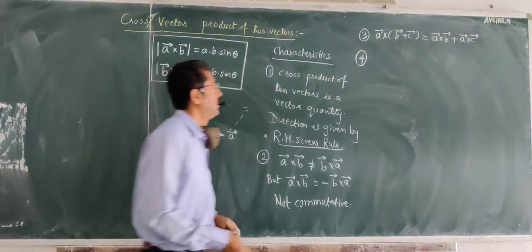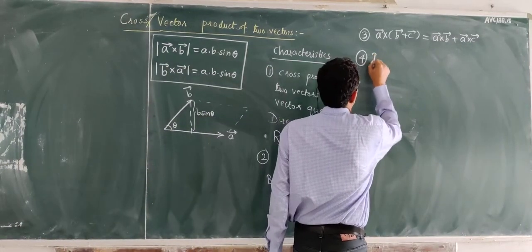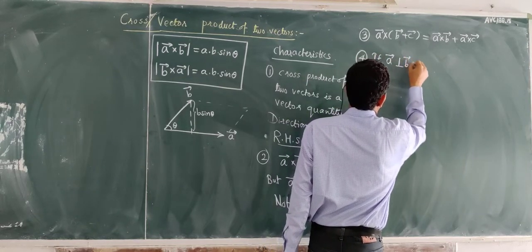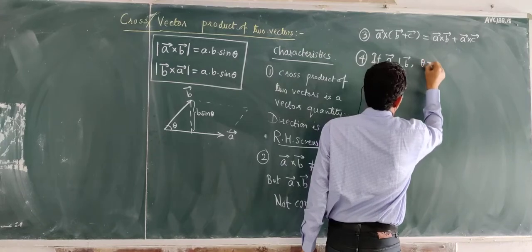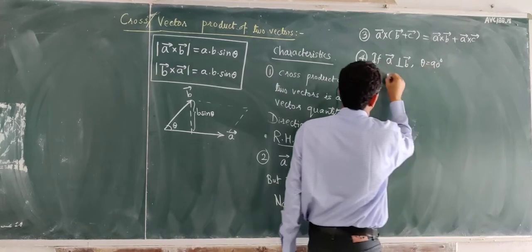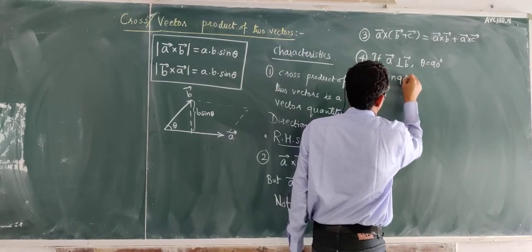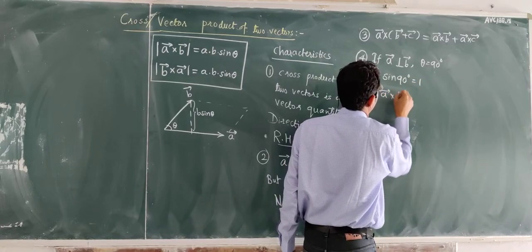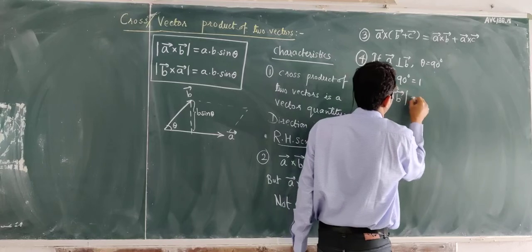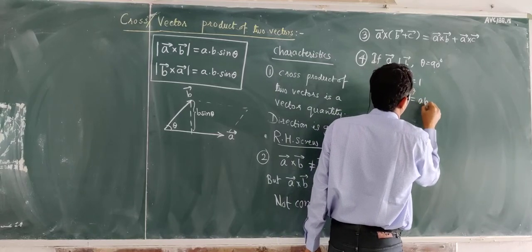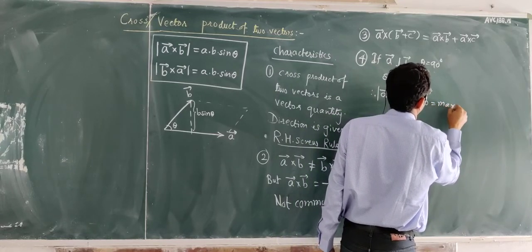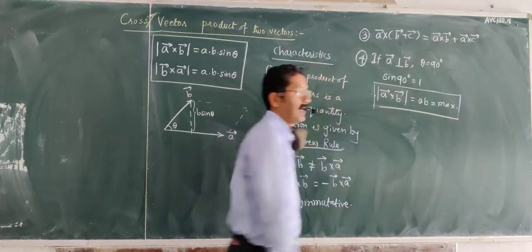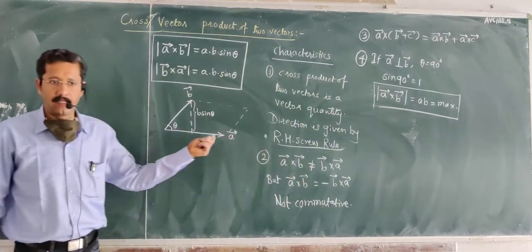And that is why if at all you have vector A perpendicular to vector B, theta is equal to 90 degree, sin 90 is equal to 1, and therefore A cross B magnitude has got value equal to only AB, but it is the maximum value. The direction is of course given by right hand screw rule itself.